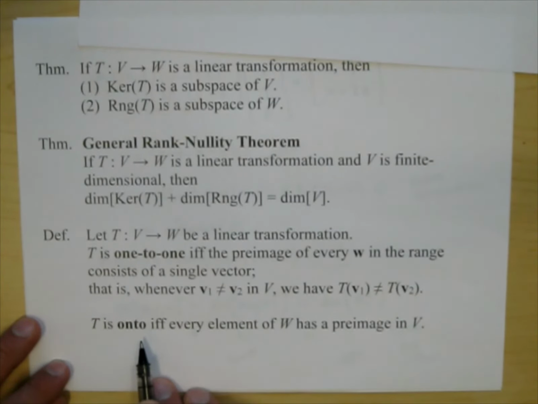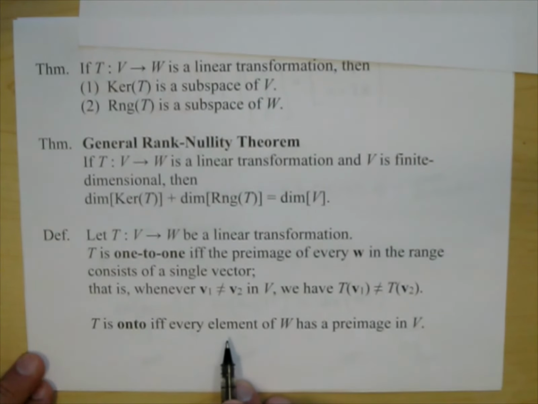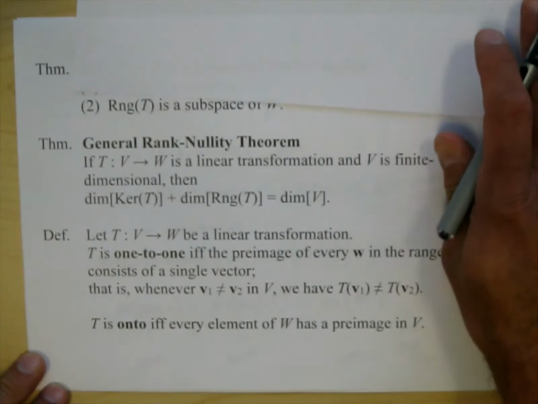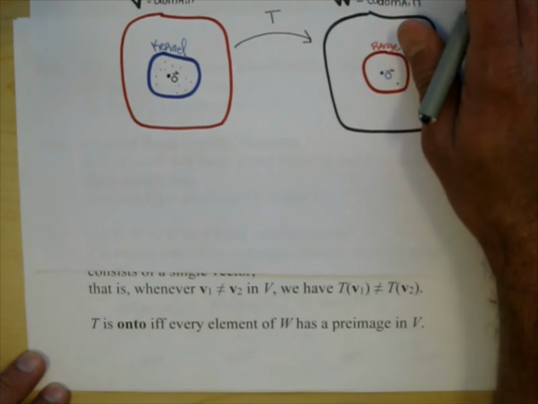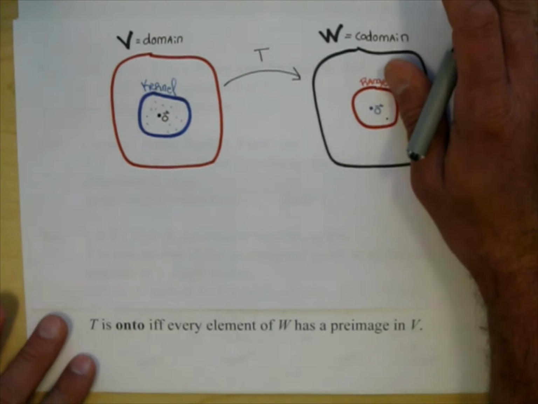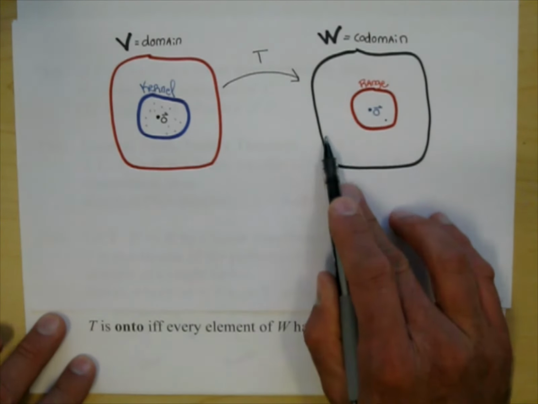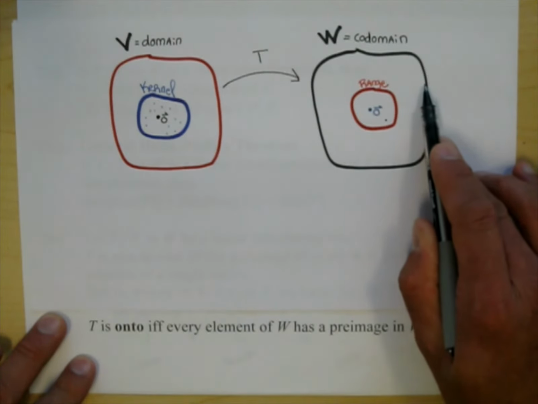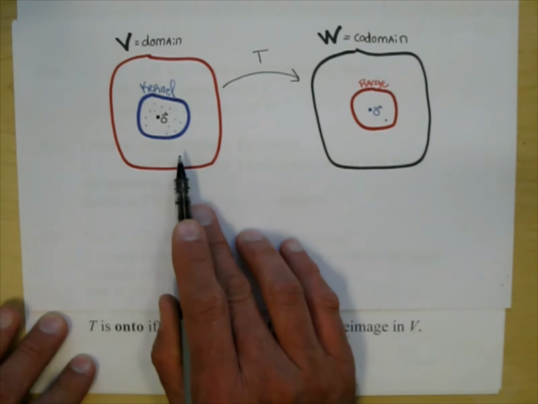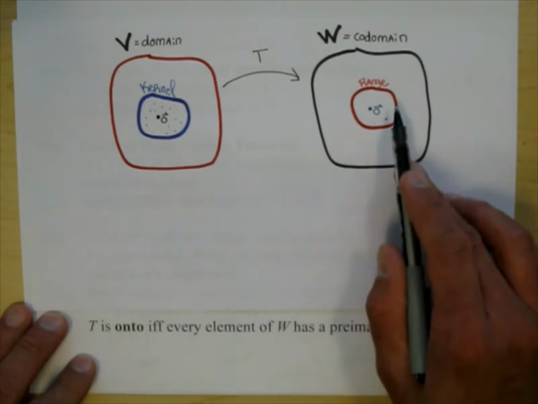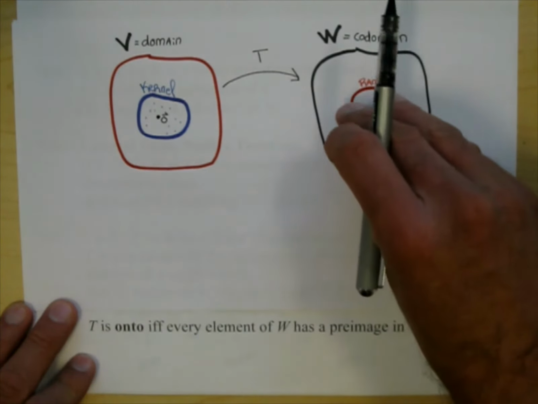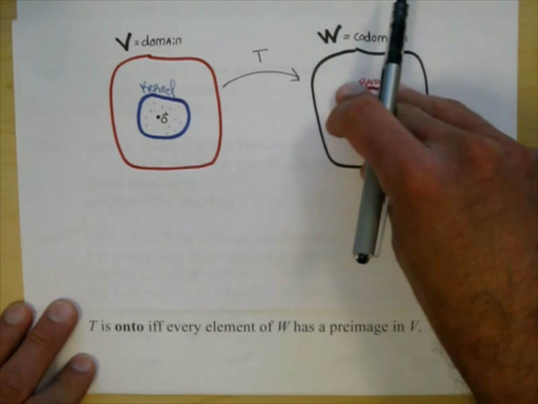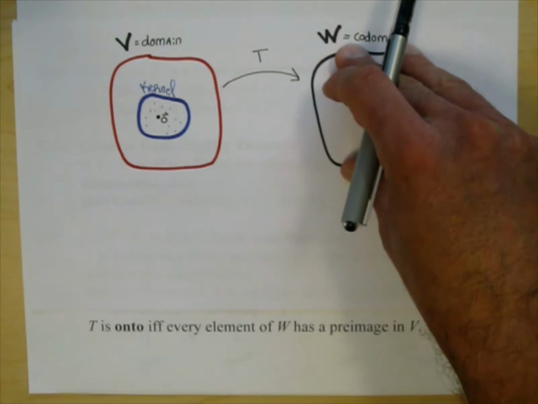T is onto if and only if every element of W has a preimage in V. So what does this mean? Every element of W, so every element of the codomain, has a preimage, which just means onto means that the range covers this thing completely.